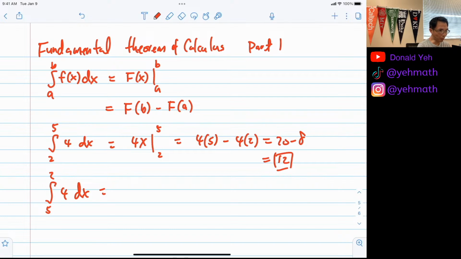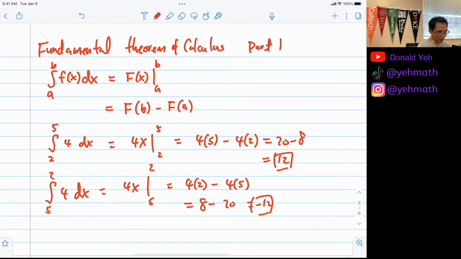Yes, but I'm going to show you why it's -12. It's going to be 5 to 2 now, so it'll be 4 times 2 minus 4 times 5. That's equal to 8 minus 20, equal to -12. Do you see that? The property actually works. So if you switch the boundary, the sign switches.